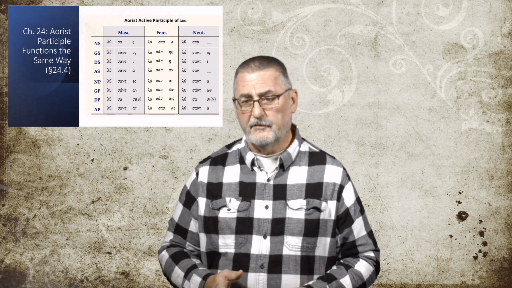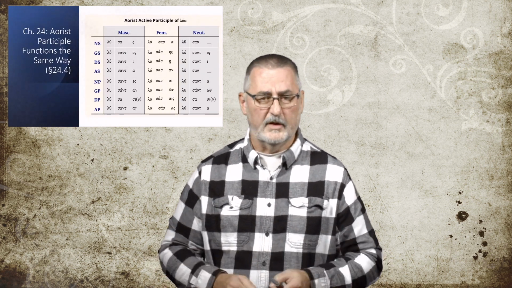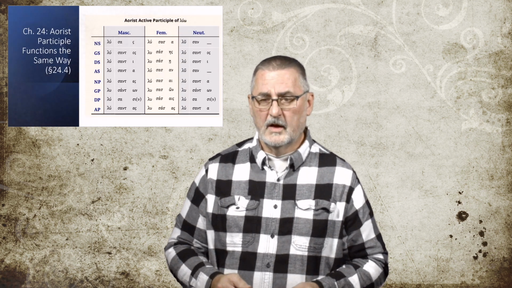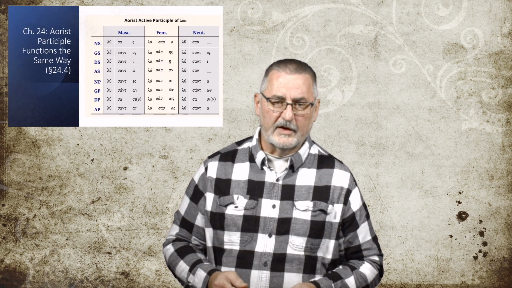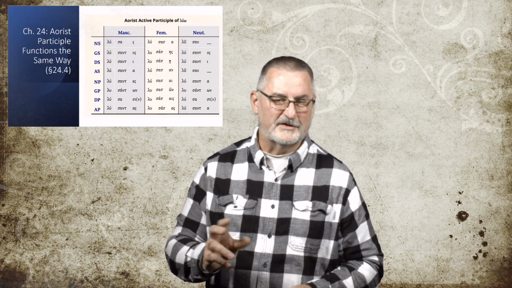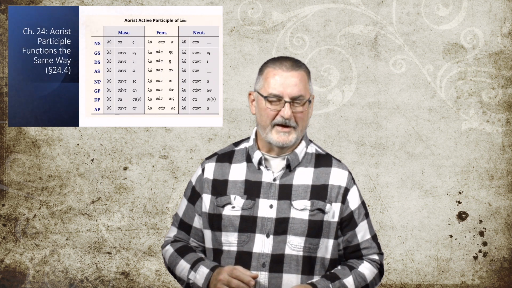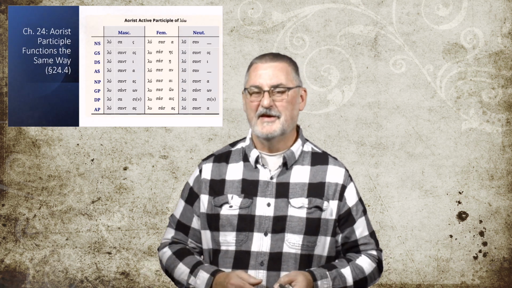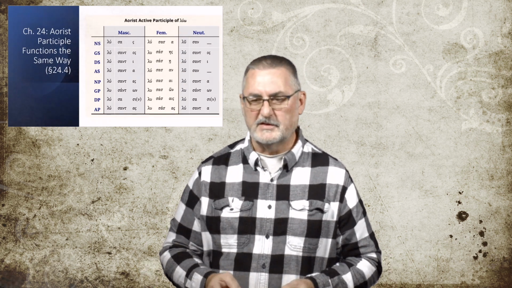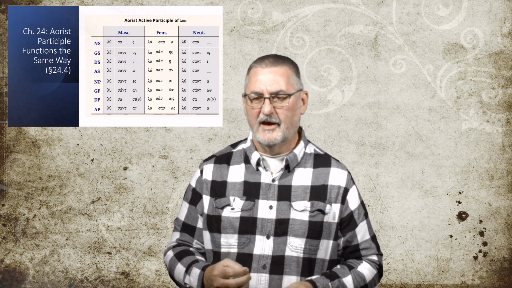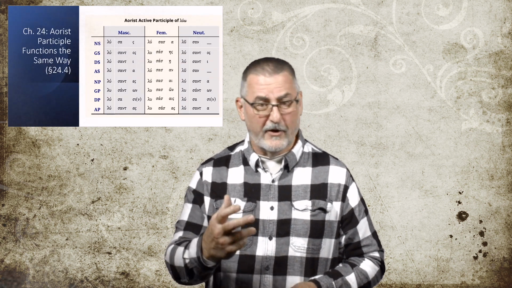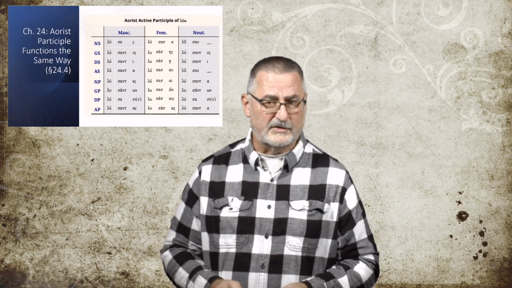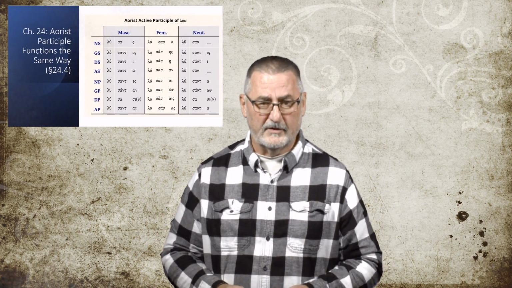Moving to chapter 24, I'm going to move quickly through this. The aorist active participle of luō. In the aorist, can you see the presence of that sigma alpha? Yeah, that's going to be your sign of the aorist. The presence of the sigma morphologically should indicate aorist, sometimes maybe future, but outside of the indicative, certainly aorist, okay?